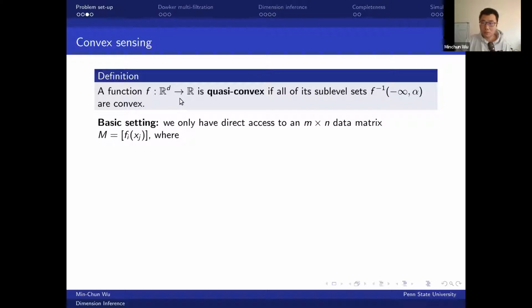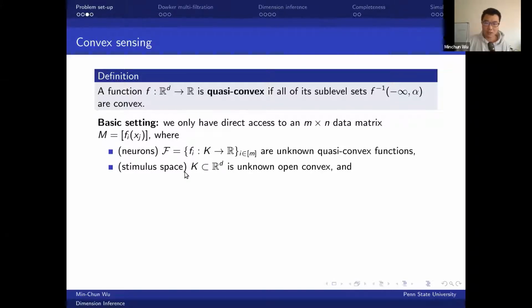The basic setting for our convex sensing problem is that we assume we have direct access to a data matrix of function values applied on different points, where there are some unknown quasi-convex functions which represent the firing rates of the neurons.